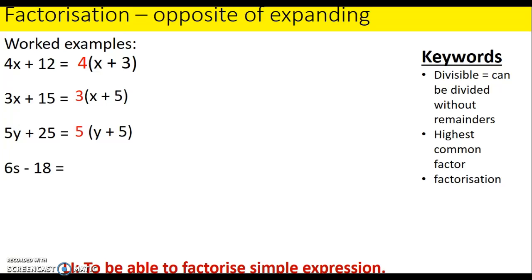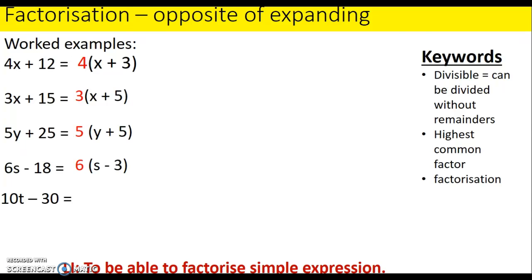But out of those 3 numbers, 6 is the highest number that will go into both. Therefore, we will pick 6 to take out of the bracket. So you're going to have 6 in brackets, s minus 3. As you can see, because the question given to you has a minus, the answer should also have a minus.